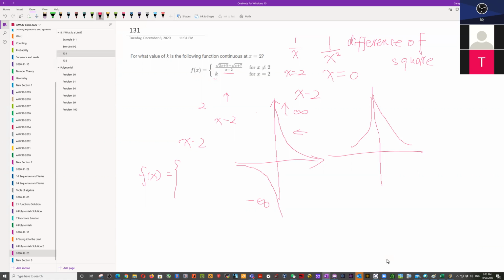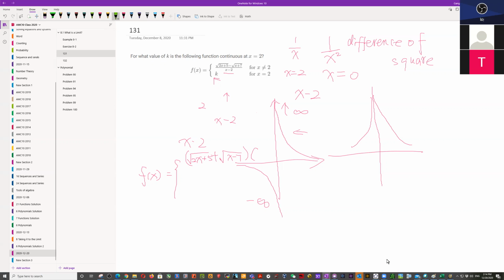the k is still a mystery number, but anywhere on that line other than x equals 2, when x is not equal to 2, we can multiply by square root of 2x plus 5 plus square root of x plus 7. So this expression is the conjugate of this. Let me use a different color.